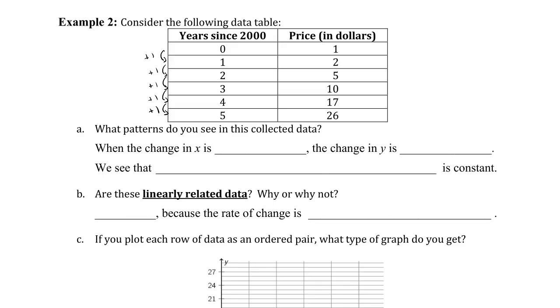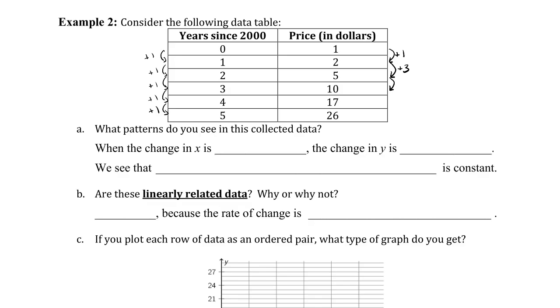But when we go down a row, the outputs are doing something different. So from 1 to 2, that's adding 1. From 2 to 5, that's not adding 1. 2 plus 3 is 5.